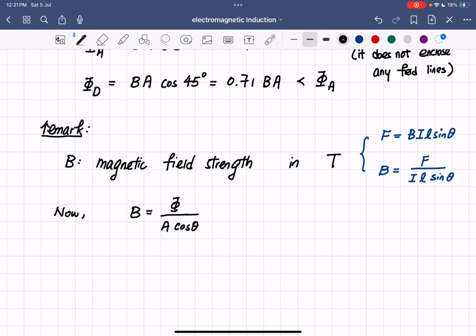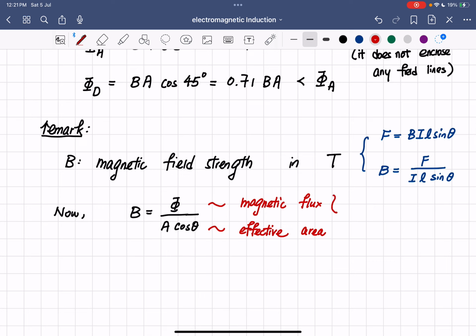So we are able to relate the magnetic field strength to a magnetic flux in the numerator divided by some effective area in the denominator.